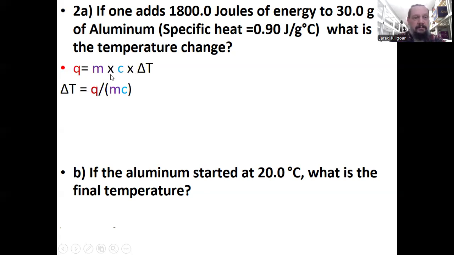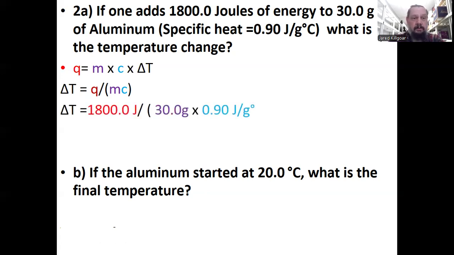I divide both sides by mC, and I have delta T equals Q over mC. So I just have to substitute in my variables there. My heat or energy is 1,800.0 joules. My mass is 30.0 grams. My specific heat capacity is 0.90 joules per gram degree Celsius.